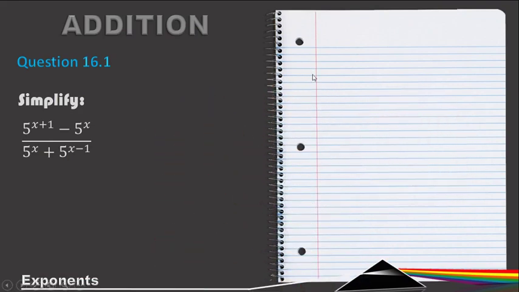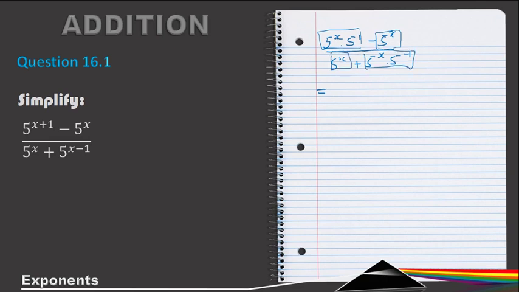Now for question 16.1. Our first step was to break it up. We've got 5 to the power of x times 5 to the power of 1 minus 5 to the power of x over 5 to the power of x plus 5 to the power of x times 5 to the power of negative 1. Now the next step was to factorize. Here this is one term and another term, one term and another term.